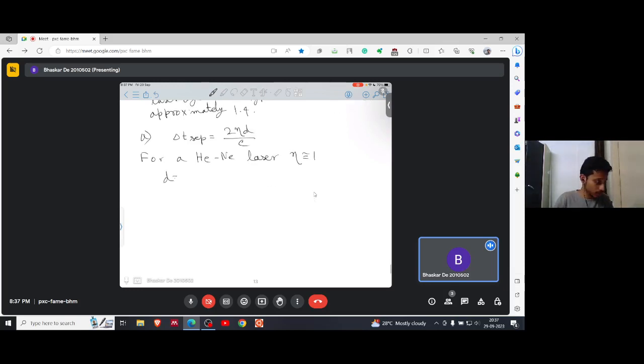Therefore d equals 0.5 meters, so we can have delta T shape equal to 2 into 1 into 0.5 by 3 into 10 to the power 8 meter per second. So that is 3.33 into 10 to the minus 9 second.